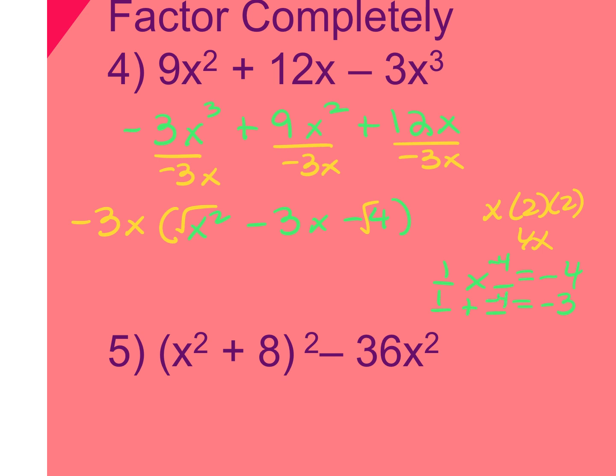Then I can put those right into my binomials because the coefficient in front of the x squared is a 1. So x plus 1, x minus 4. And you're done. The order of the binomials doesn't matter. You could have written the x minus 4 first.